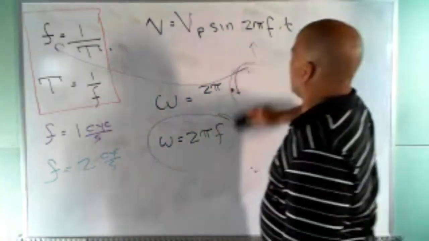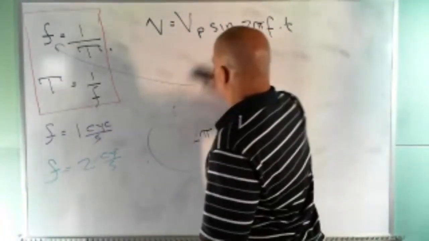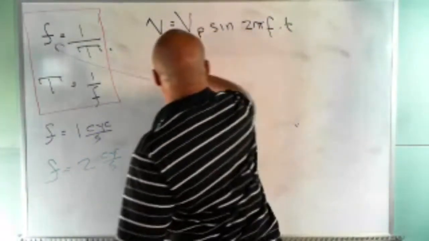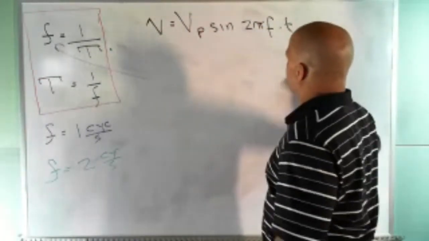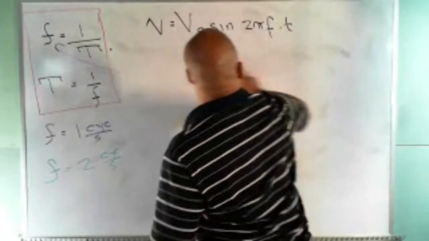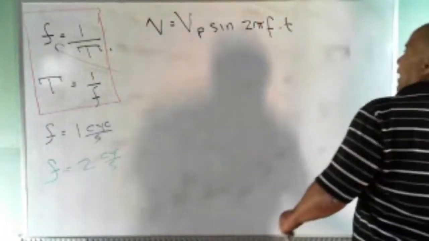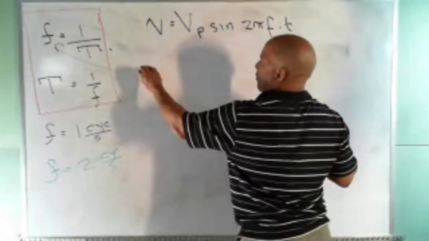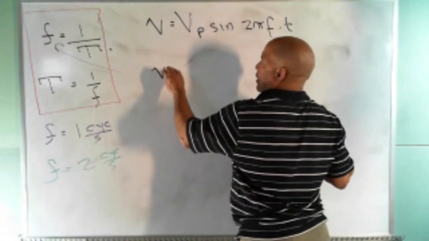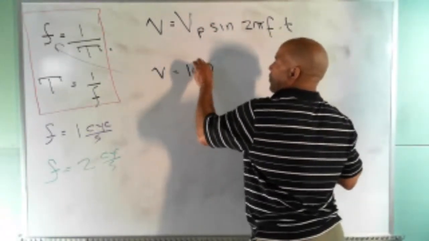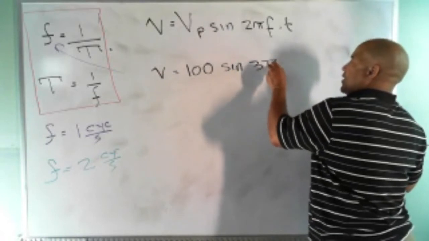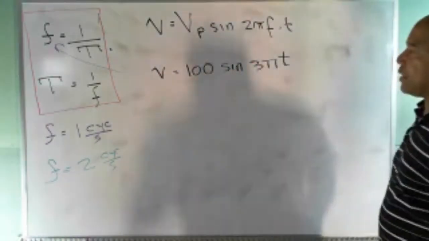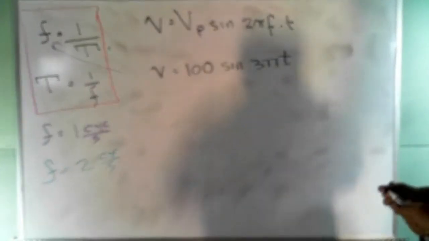So, you could do this. You guys, I need a calculator, so somebody get a calculator out for me real quick. Let's say I gave you this: 100 sine 377t. Let's look at what we can get out of this.